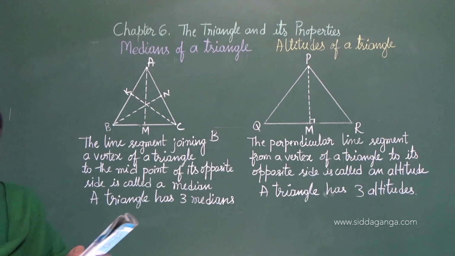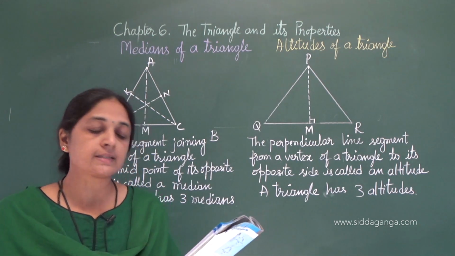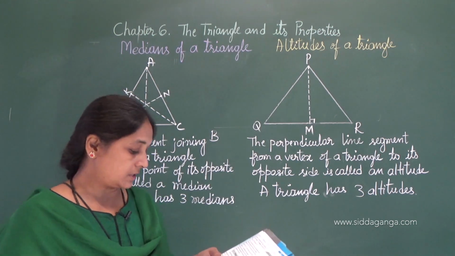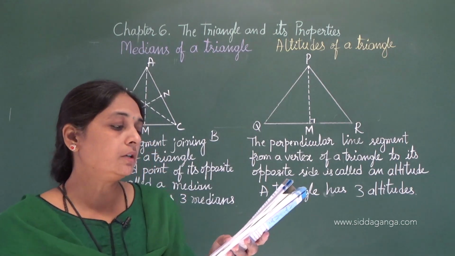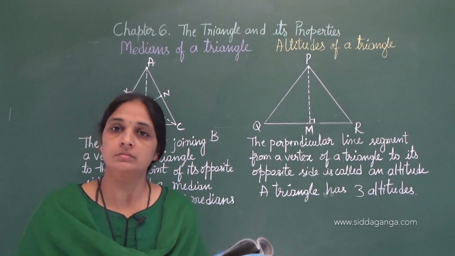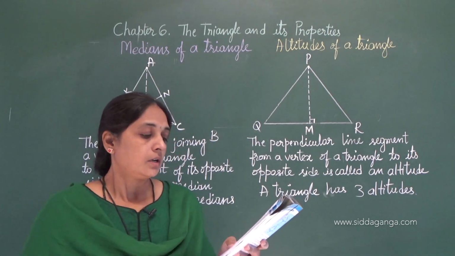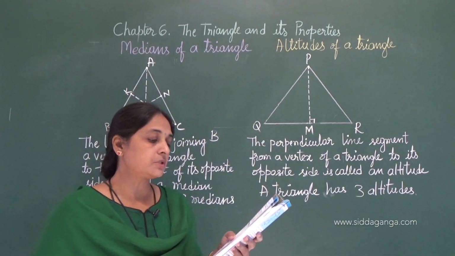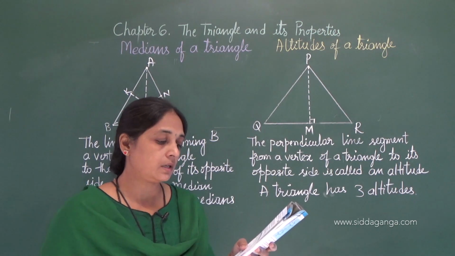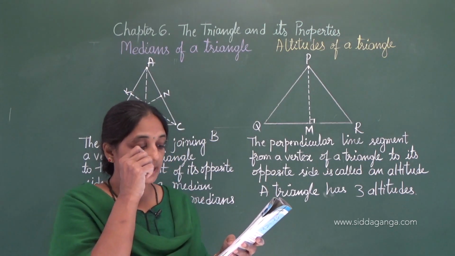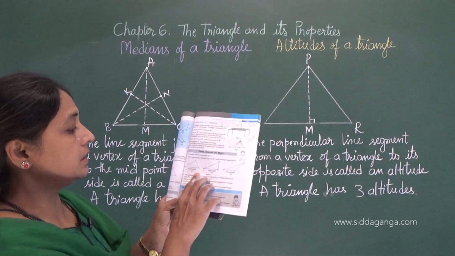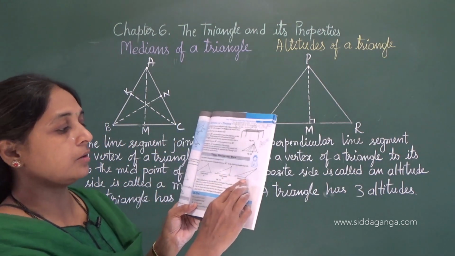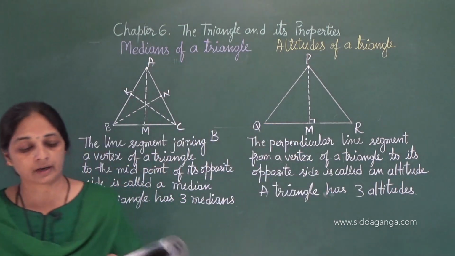Okay, here you have think, discuss and write. Same as the previous for the medians we saw: how many altitudes can a triangle have? And draw rough sketches of altitudes from A to BC for the following triangles they have given here. Here they have given acute angled triangle, right angled triangle and obtuse angled triangle.